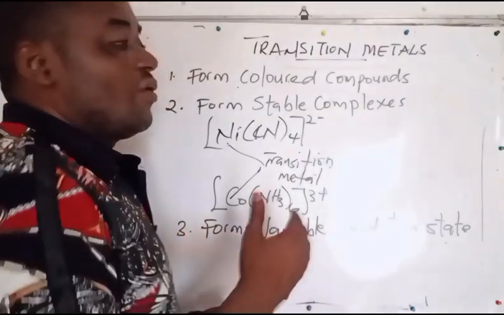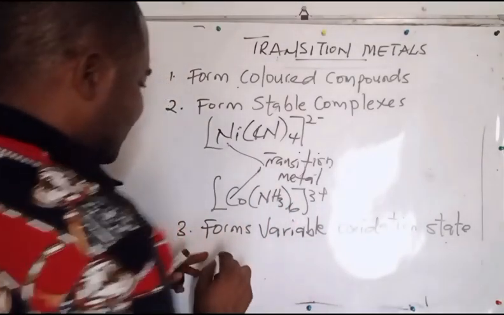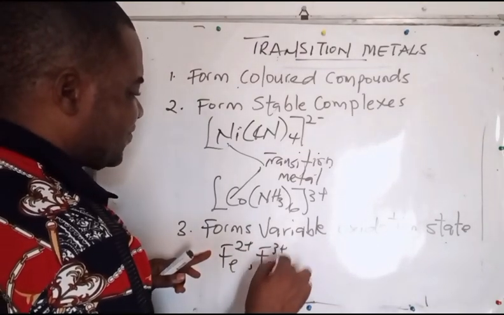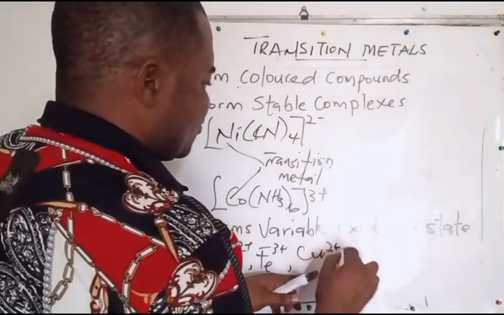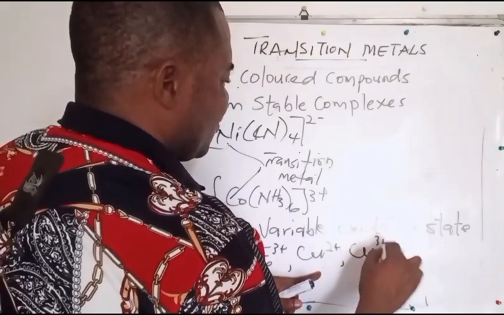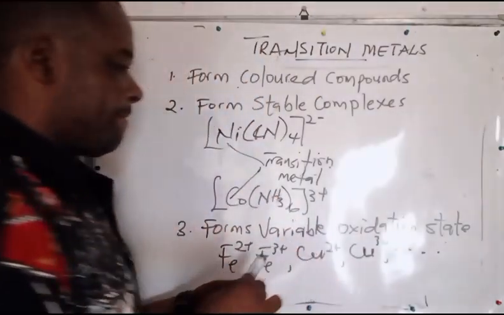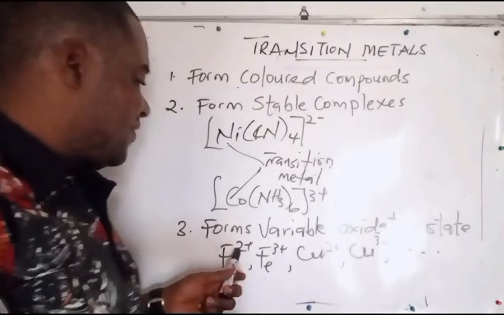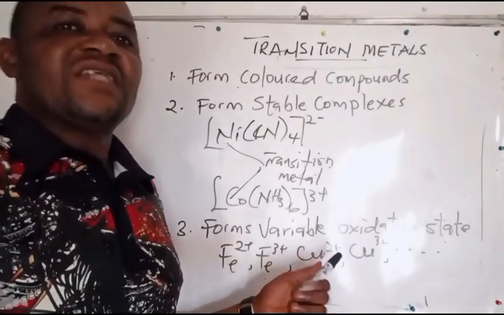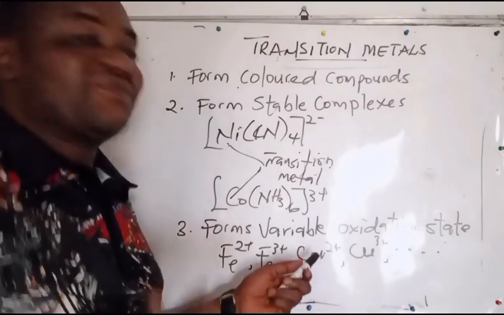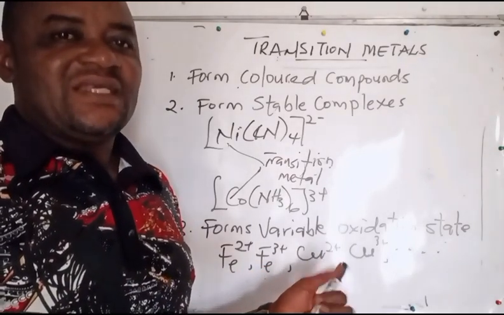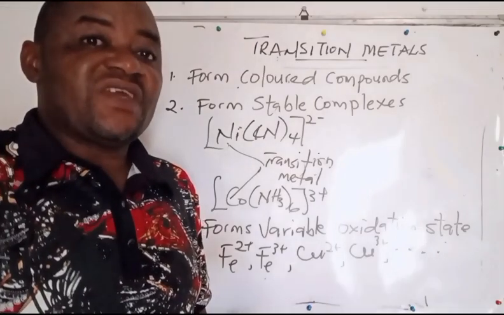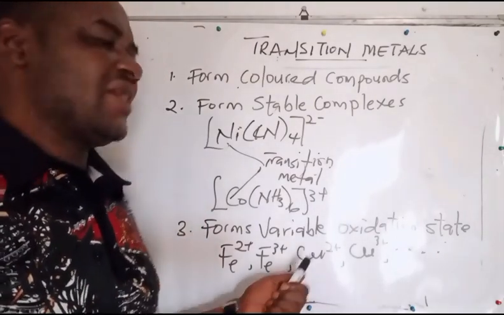And it goes across all the transition metals. Iron exists as +2, iron exists as +3. Copper exists as +2, copper exists as +3, and so on. Because they can exist in these variable oxidation states, they can take up chemical reactions at different levels. They are not confined to one level. That makes them very important.